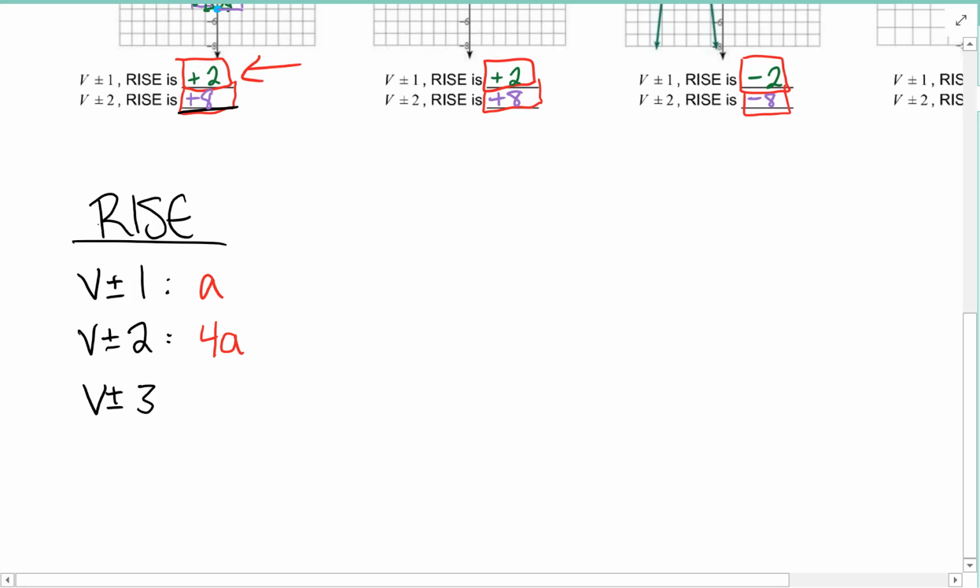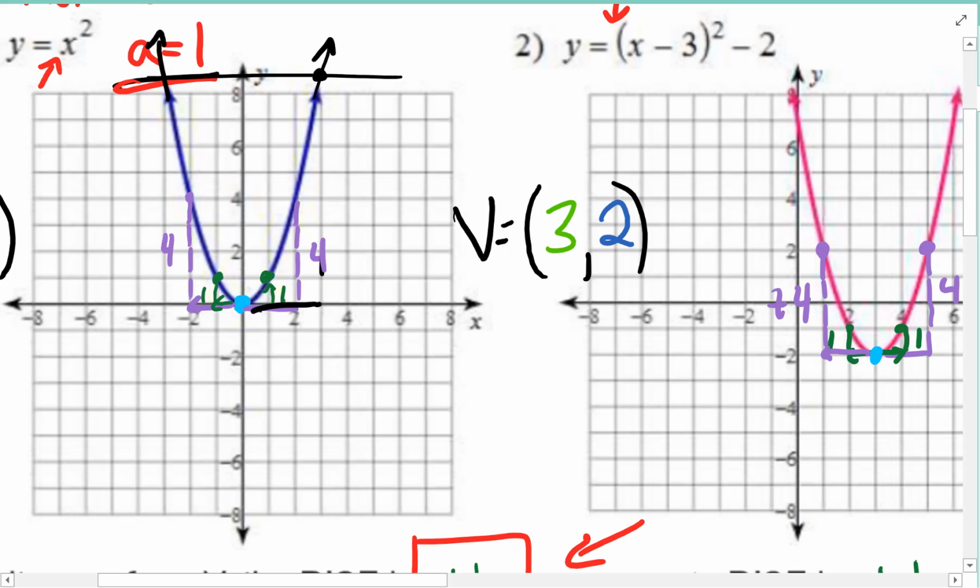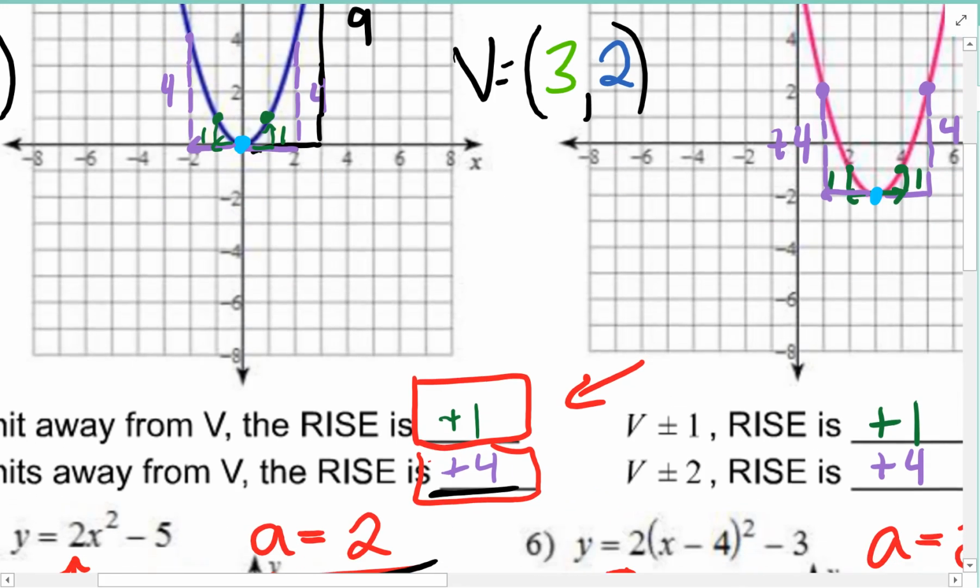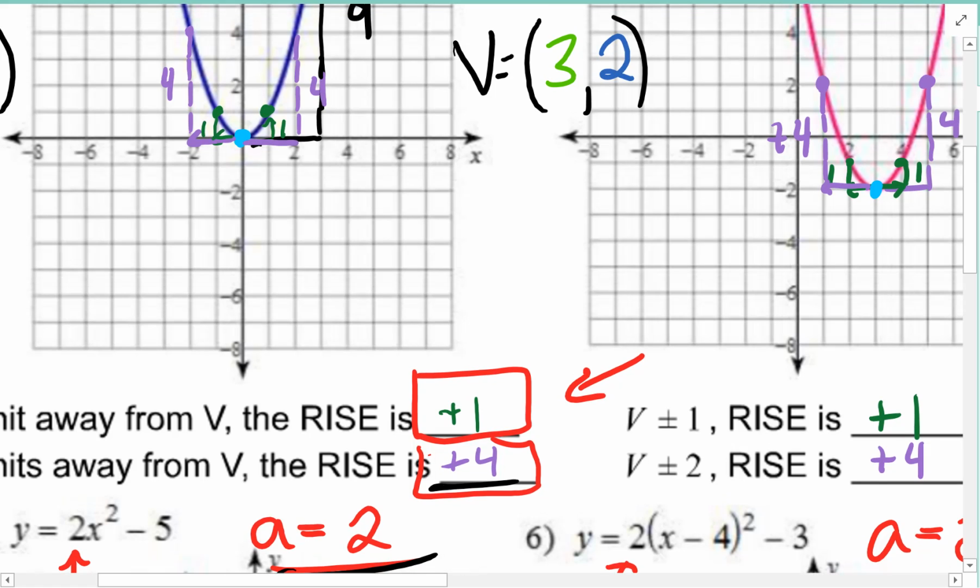What do you think it's going to be 3 units away from the vertex? 3 units away from the vertex, the rise is 9. 1 unit away, the rise was 1. 2 units away, the rise was 4. 3 units away, the rise was 9.